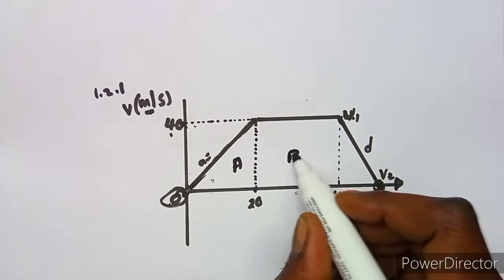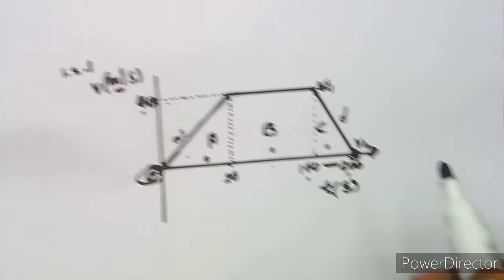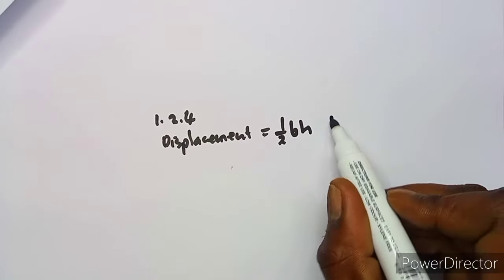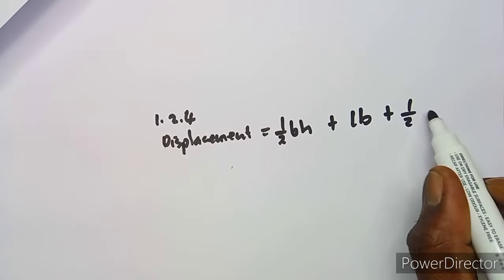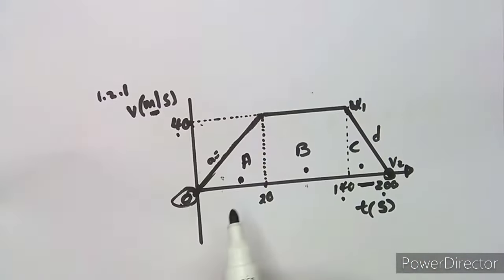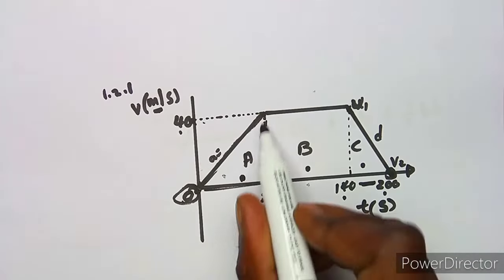So we've got A, B, and C, which is a triangle, a rectangle, and a triangle. So we've got area of a triangle, half base times perpendicular height, plus length times breadth, plus half base times the perpendicular height. So that's what you're going to have, which is half of the base, that's 20, times the height, which is 40.